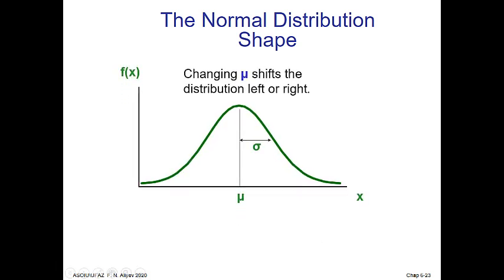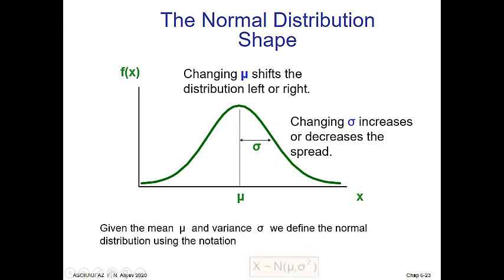Changing mu shifts the distribution to the left or right. It means that if you increase mu, the normal distribution shifts to the right. If you decrease it, it automatically shifts to the left. Changing sigma, increasing or decreasing it, changes the spread of the distribution.